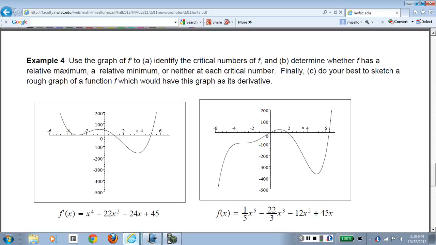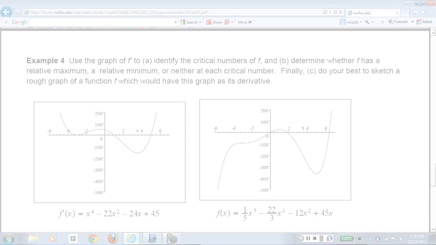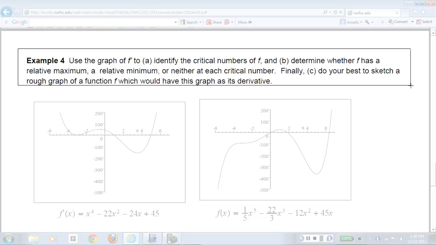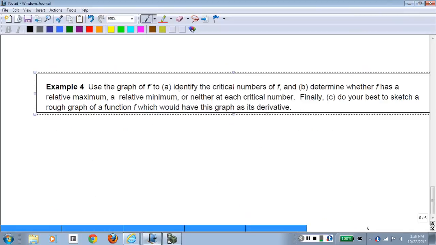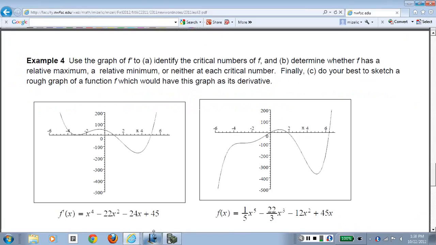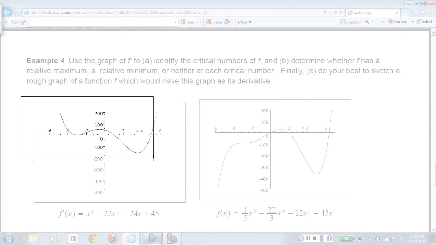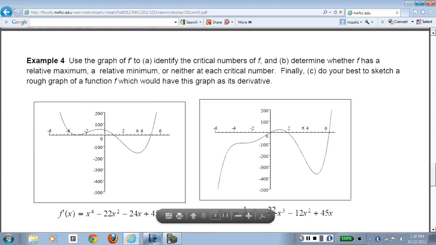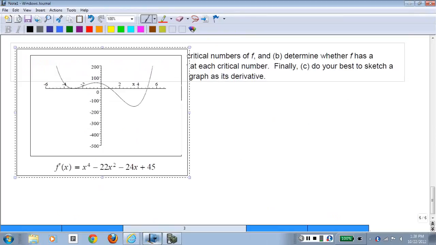Because the problem asks you a question about the function f, but it doesn't give you a picture of the function f. It gives you a picture of f prime. So here's what I've got to do. I've got to capture this, paste that there, and capture this, and paste it there.